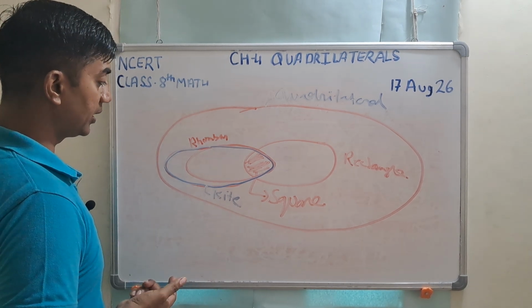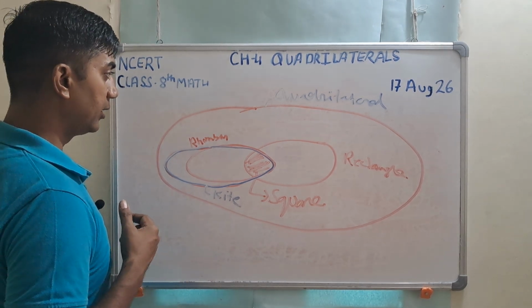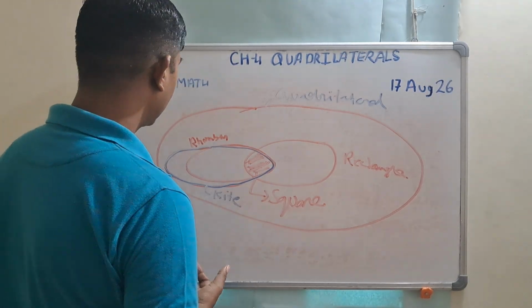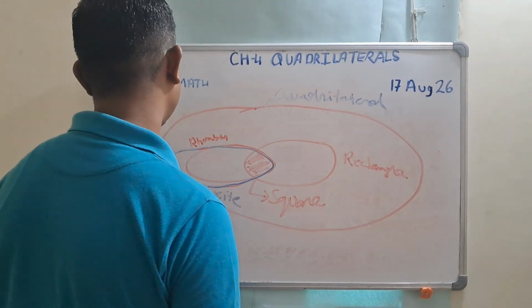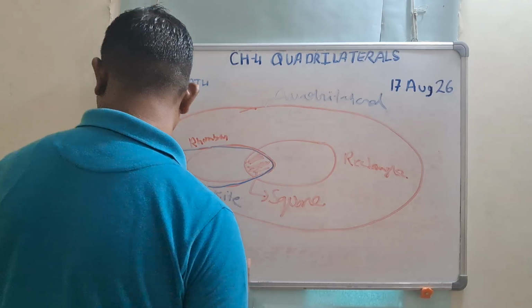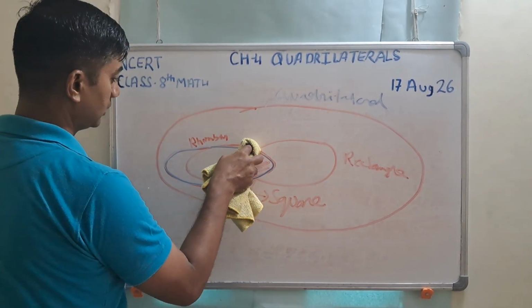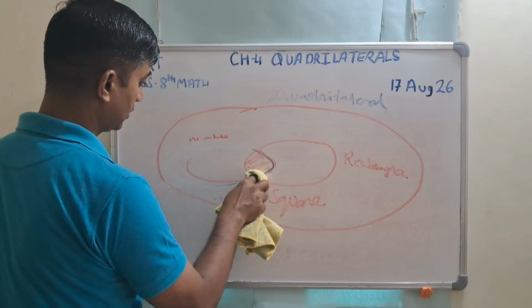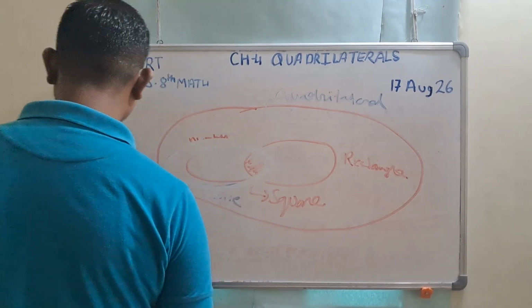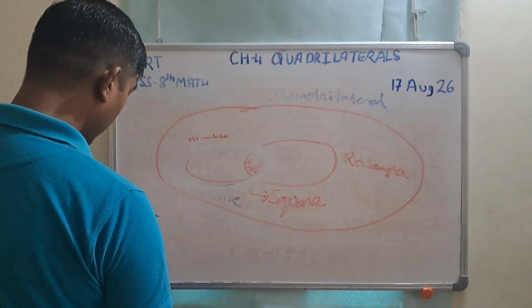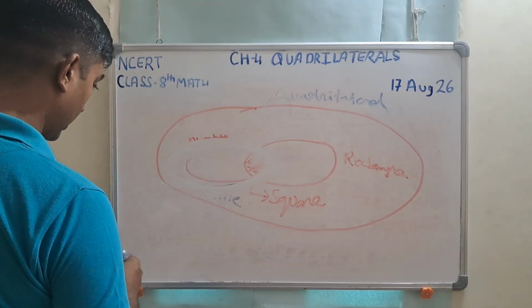Kite may be a parallelogram or may not be a parallelogram. So what does that mean? That there are some kites which are not parallelogram.